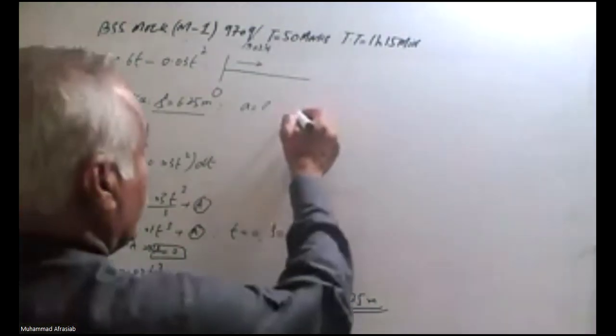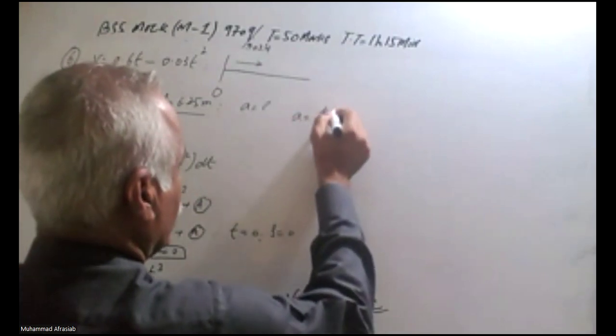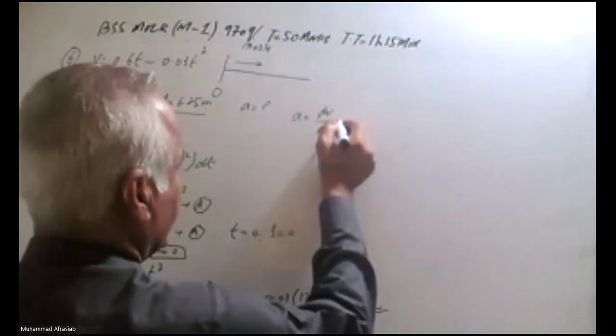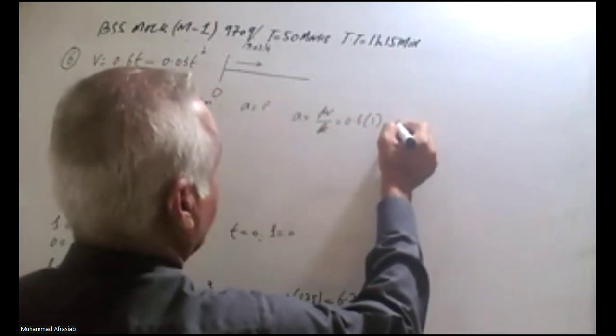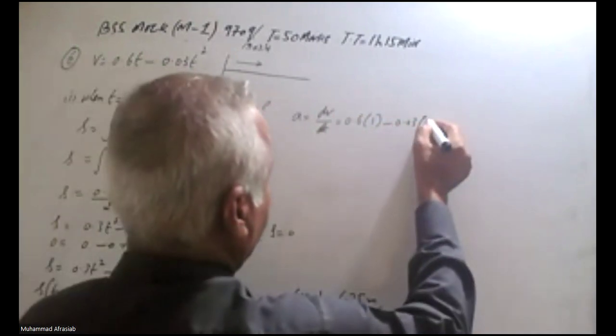Then they ask us to find the acceleration of the particle. We know that acceleration is the differentiation of velocity. So the differentiation of velocity is 0.6 × 1 minus 0.03 times the derivative of t², which is 2t.